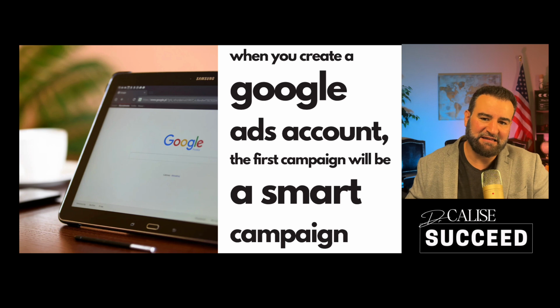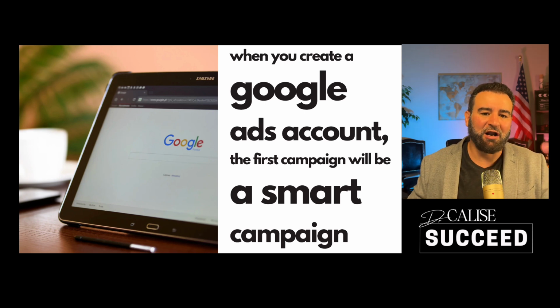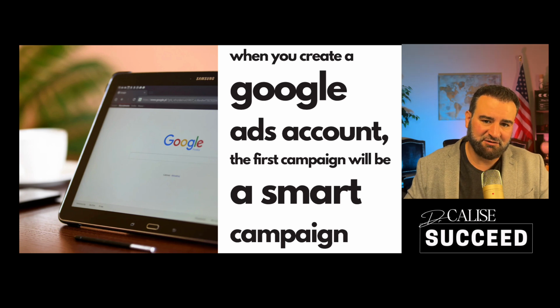And the reason why, again, it's simpler, it is easier to understand. The majority of people doing these ads are small business owners and entrepreneurs just like yourself. They want to be busy running their business, not running their Google Ads. So by default, your very first campaign will be a smart Google Ads campaign.